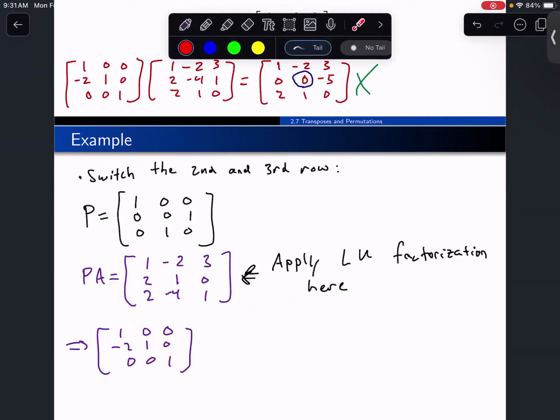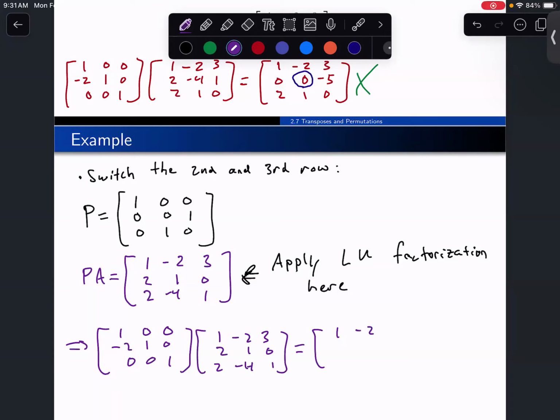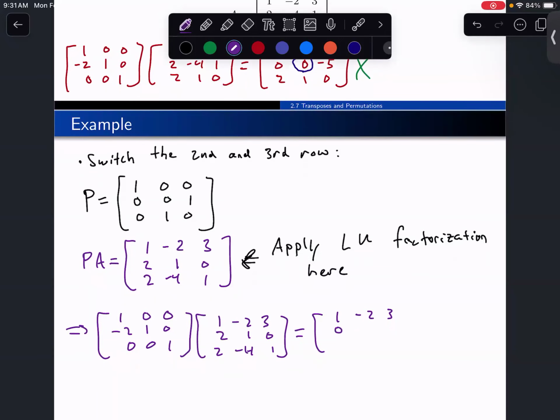This is multiplied by PA, not just A. So this is 1, -2, 3, 2, 1, 0, and then 2, -4, 1. Multiply these things together. The first row stays the exact same. The second row is what's going to end up changing. So you get 0. You get 4 plus 1, which is going to give you 5. Then you have -6.